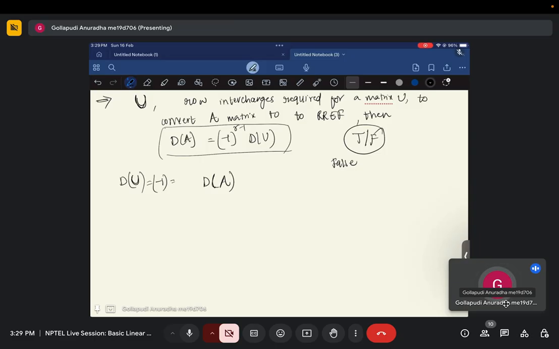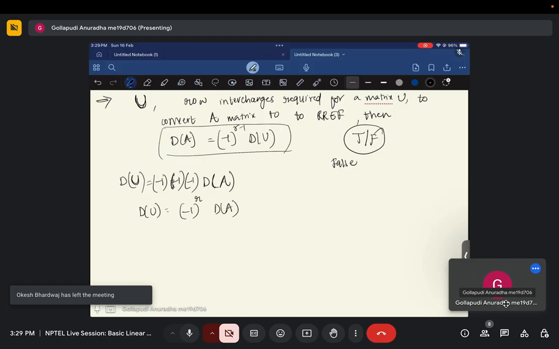A minus 1 will be there. Suppose I am doing 2 row interchanges, then again one more minus 1. If I am doing 3 row interchanges, another minus 1. Likewise I am doing r row interchanges, so it will be like this. So you can get this down here also. Are you understanding this?